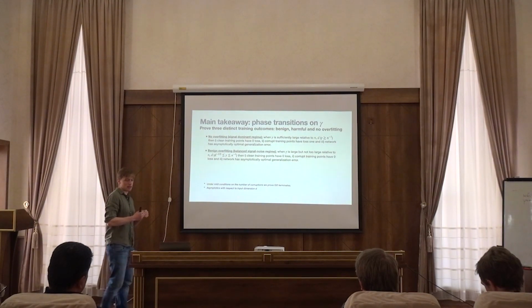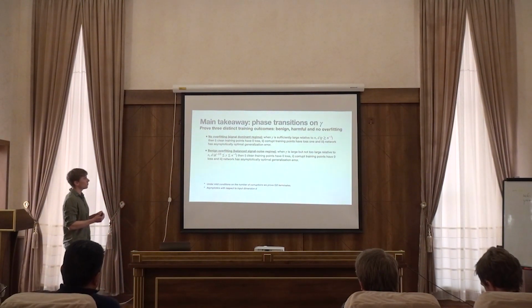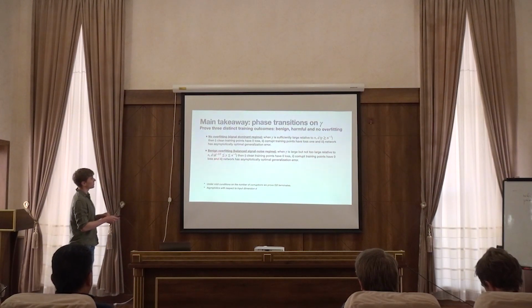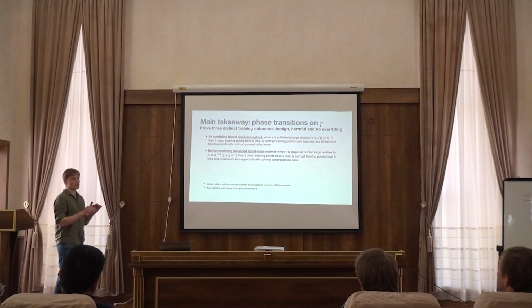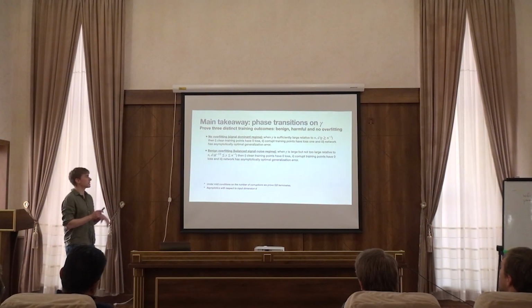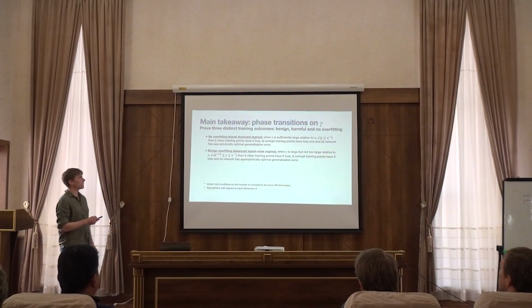We then see that when gamma is a little bit smaller than that, but not too small, roughly gamma equal to 1 over n, we get this interesting, quite sensitive, benign overfitting regime. Here the clean training points have 0 loss still, so we fit these points perfectly.